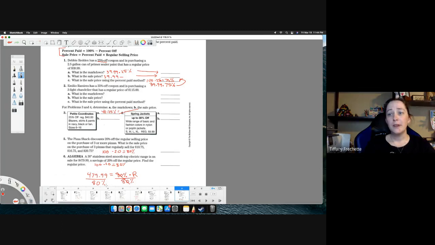So once we divide this, we'll know. Be careful when you divide this. If you don't type this in correctly, you're going to get a funky answer. And I've showed you on other videos, even my calculator on my computer responds differently than my phone calculator. If I try to type in 479.99 divided by 80 and then hit the percent button, it does this weird calculation. It doesn't do it correctly for me.